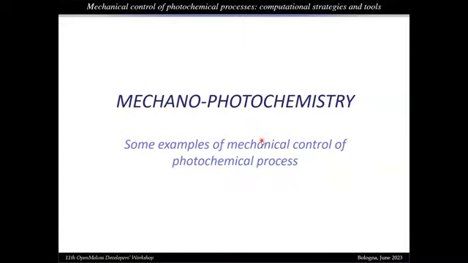Okay, now I will show some examples of mechanical control on photochemical processes, what we call mechano-photochemistry. These examples are computational examples, so they are systems that we have studied using these tools. The first case is the benzene molecule.